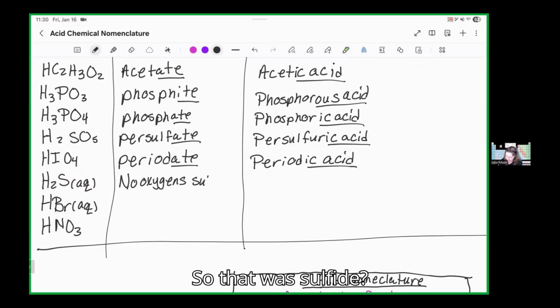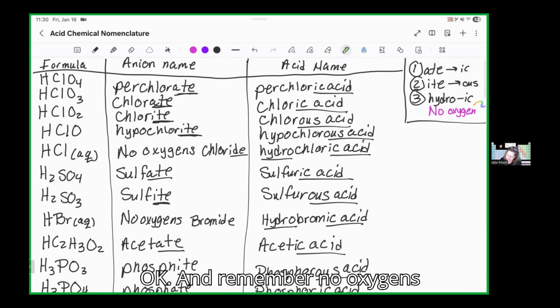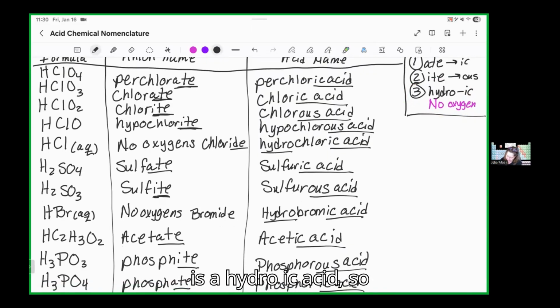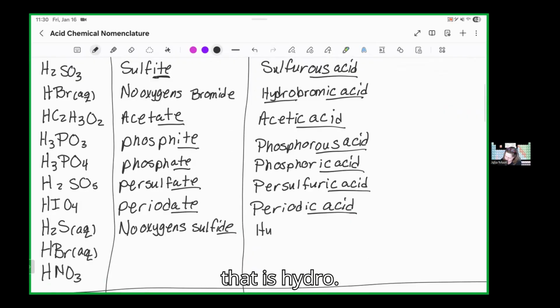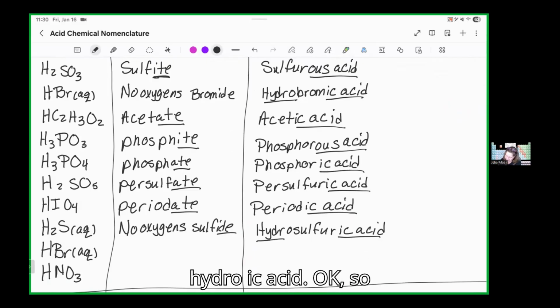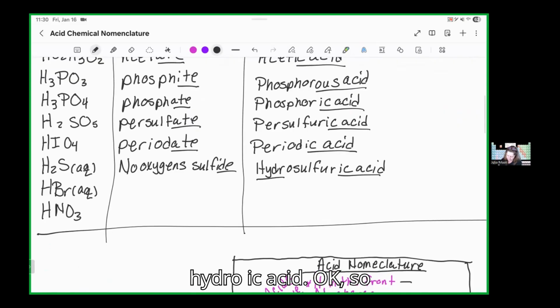So that was sulfide. Okay, and remember, no oxygens is a hydro-ic acid. So that is hydro. Put the back in. Sulfuric acid, hydro-ic acid. Okay.